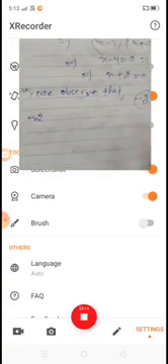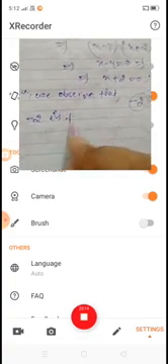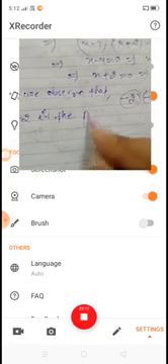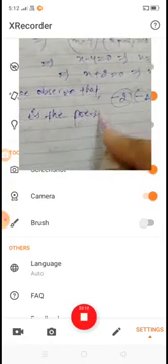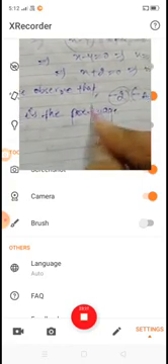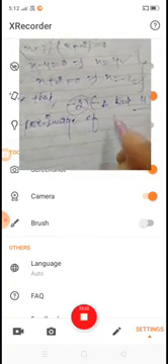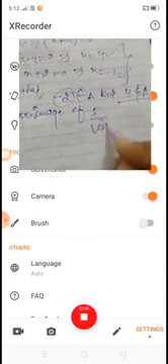Minus 2 is the pre-image of 5. This is your answer.